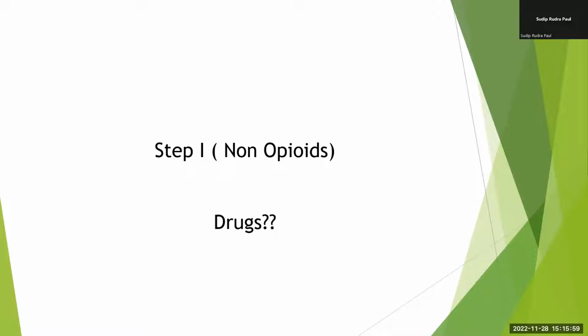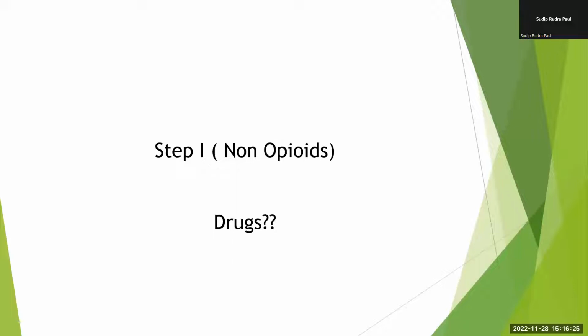Paracetamol, very good. Next. Paracetamol and any other drug. There are so many drugs. Ibuprofen, very good. Any other drugs? Diclofenac sodium, very good. Acetaminophen and paracetamol are more or less the same. Ultracet is not a non-opioid.